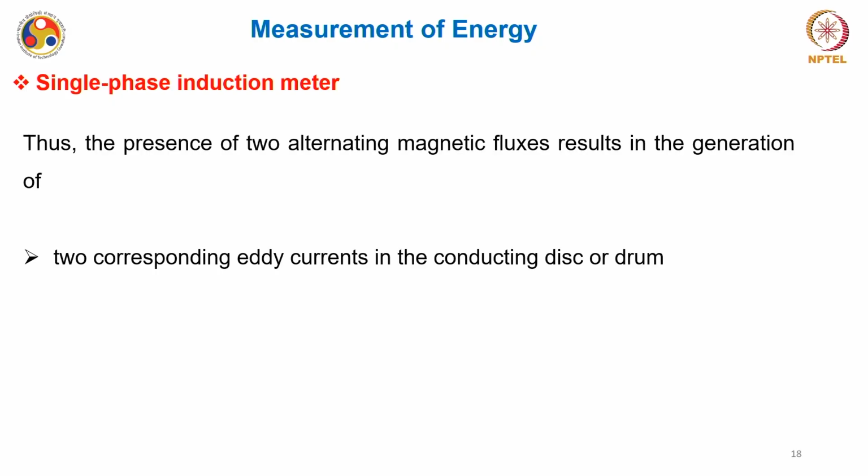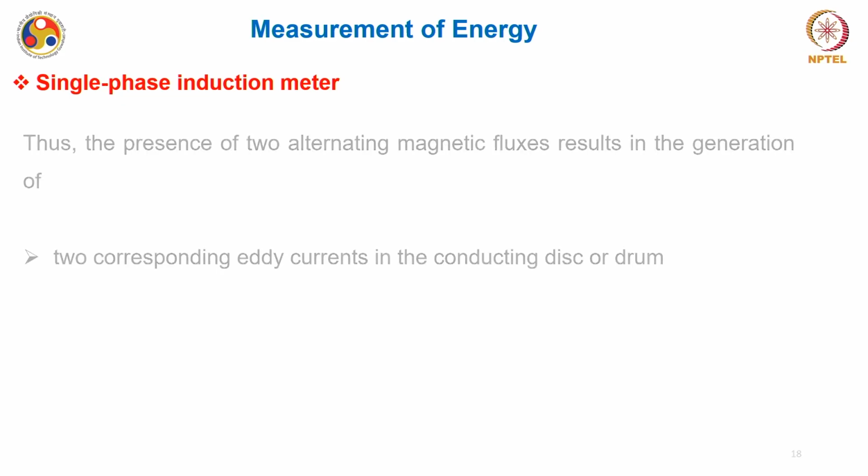Now, the presence of two alternating magnetic fluxes results in the generation of two corresponding eddy currents that we have just seen.